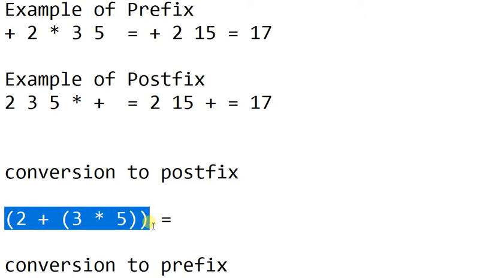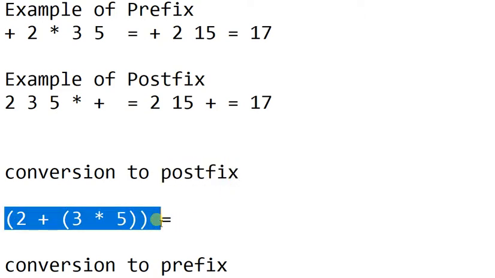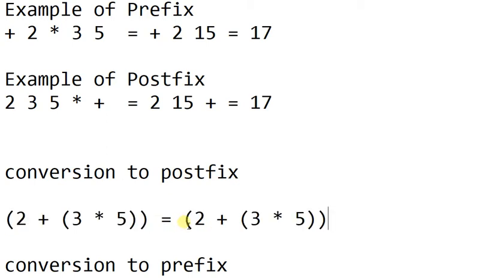So next we have to convert it into postfix. What we will do is remove the brackets one by one, and move the operator outside of the bracket to the right side, because it is a postfix notation. So here we will move this operator from here to the right side, and we will remove these brackets.